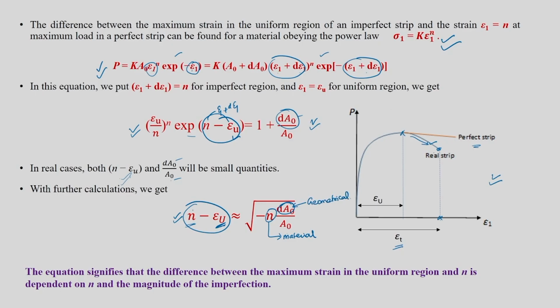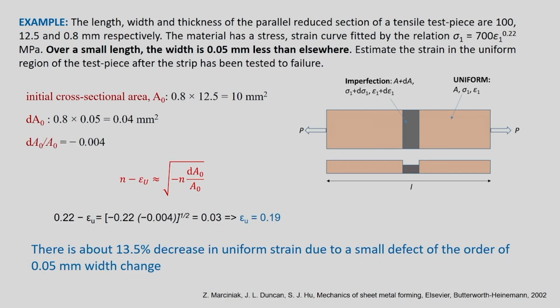Now, just to understand the significance of this particular equation, I have given this problem. What is this problem? The length, width and thickness of the parallel reduced section of a tensile test piece are given as 100 mm, 12.5 mm and 0.8 mm.